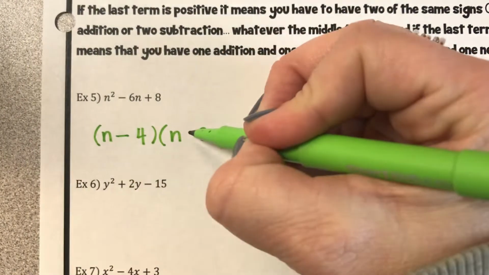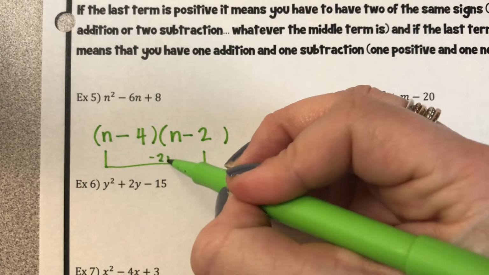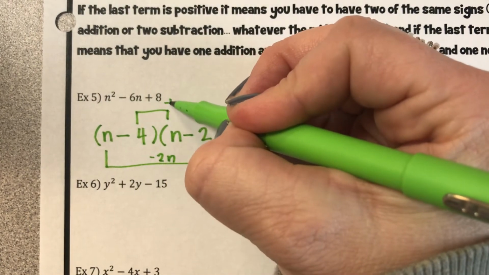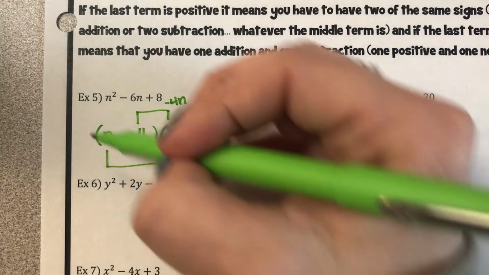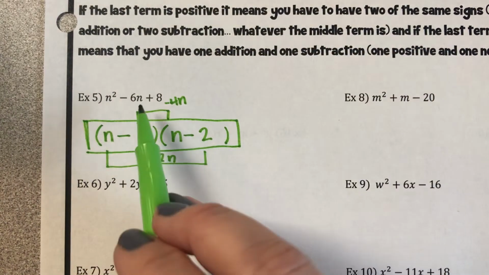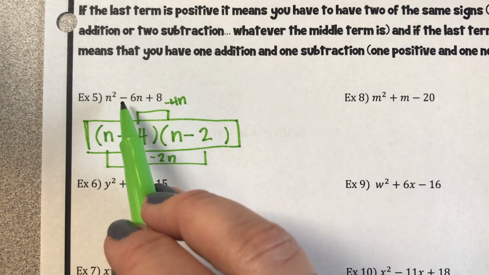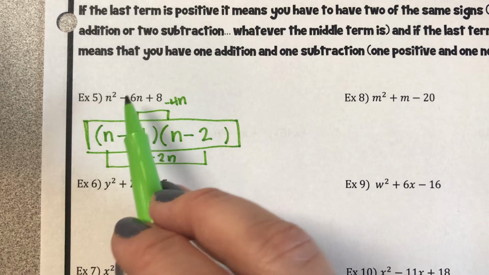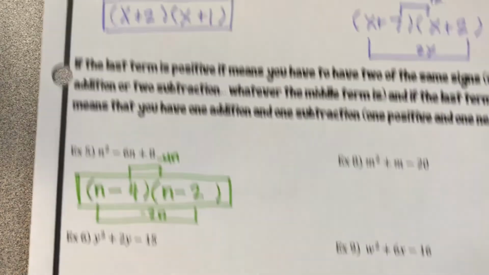So if I put minus signs, now I have negative 2n minus 4n. Negative 2 and negative 4 is negative 6n. So if you have a plus sign at the end, that's telling you 2 of the same signs, and it's going to be 2 of whatever this one is. So up here, they were all plus at the end, which tells you 2 of the same, 2 plus signs.